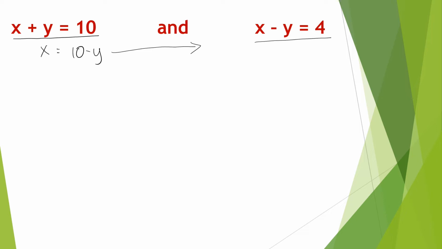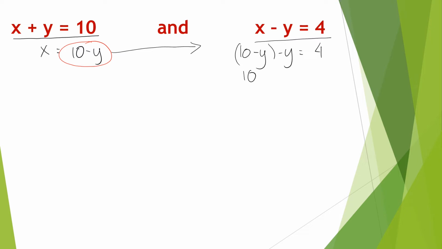Substitute the x in the other equation as 10 minus y, because we get it from this. Do you understand? So minus y, just continue to paste the equation. And now let's simplify this first.